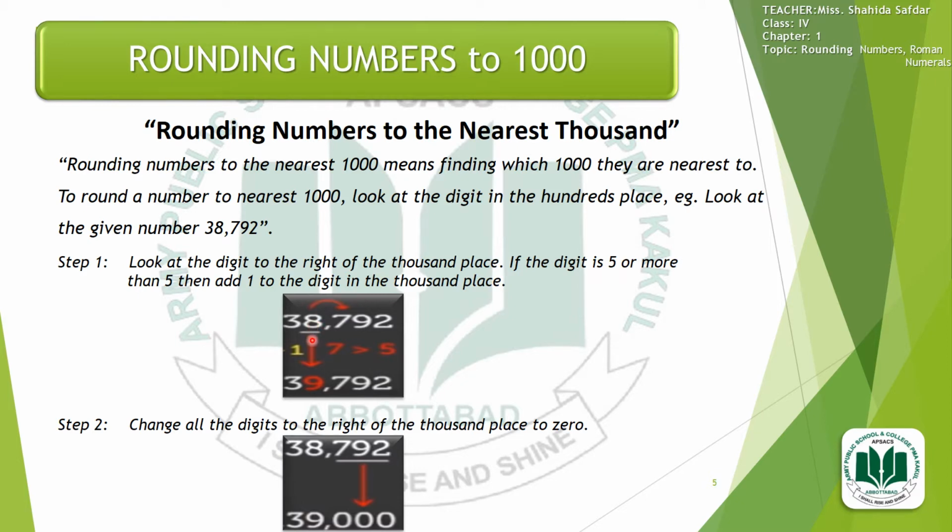So by adding 1 in 8, it will become 9. Step 2 is change all the digits to the right of the thousand place to 0. That is, here 7, 9, 2 will be replaced by 0. So our number 38,792 will be rounded off to 39,000.